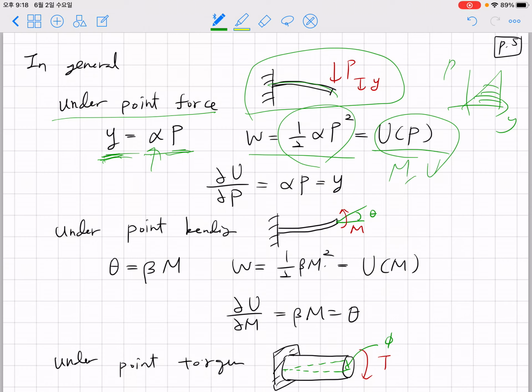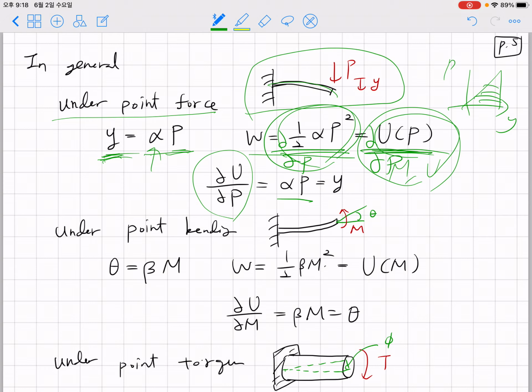And what you can realize is that because half alpha P squared must be the same as U, if you take partial P on both the left and right side, the left side becomes alpha P, the right side becomes partial U over partial P, and alpha P is defined as y.